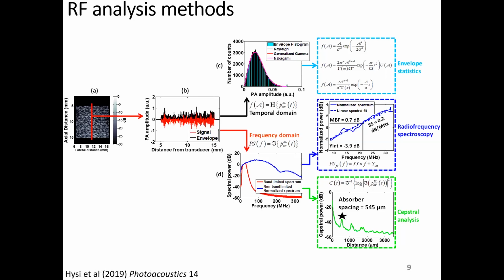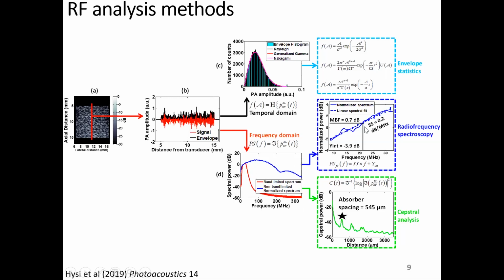The frequency domain approach relies on now transforming your time domain signal into the frequency space, typically performing what is known as normalization, where you remove the dependencies of your transducer or the transducer response, which is typically shown by this blue curve here.